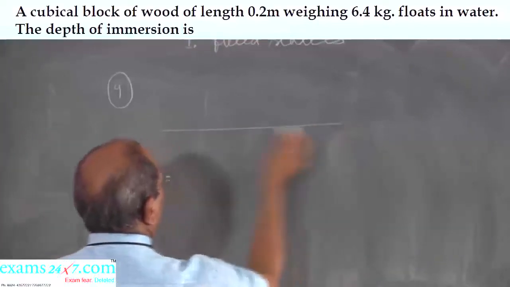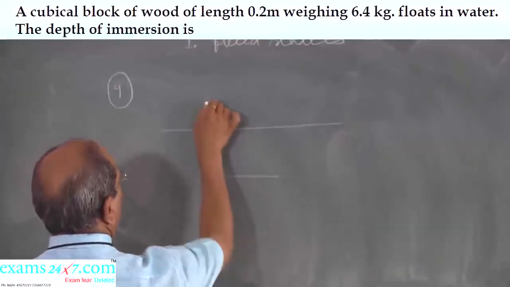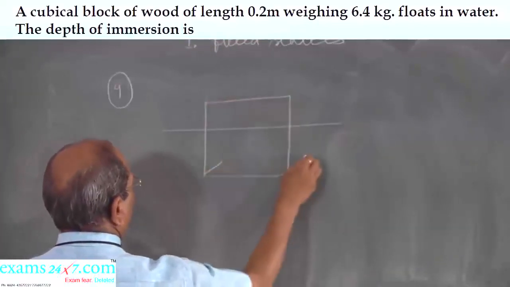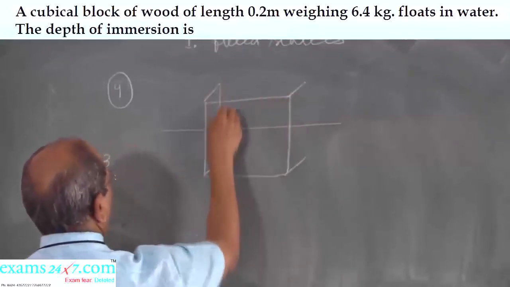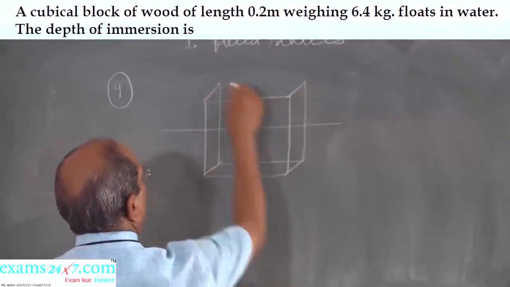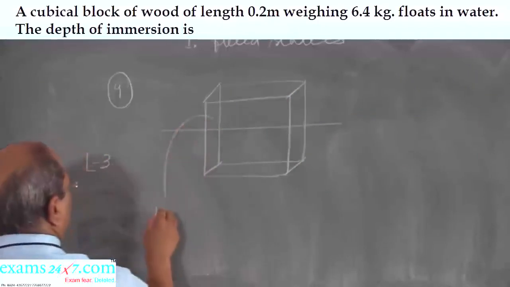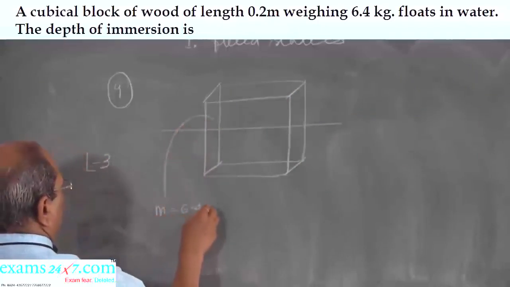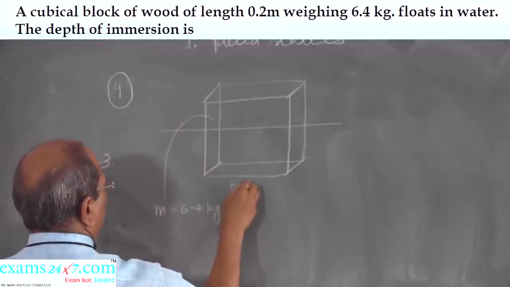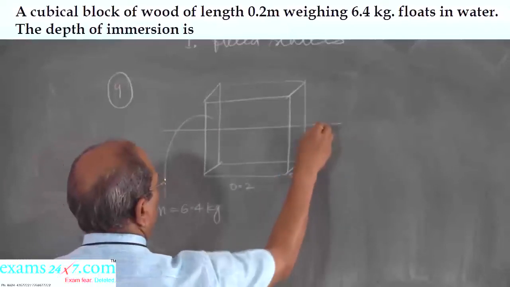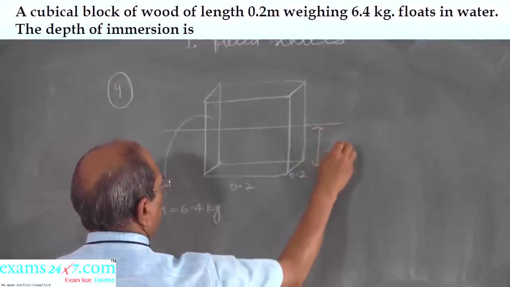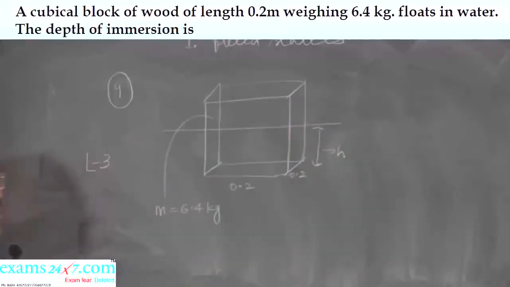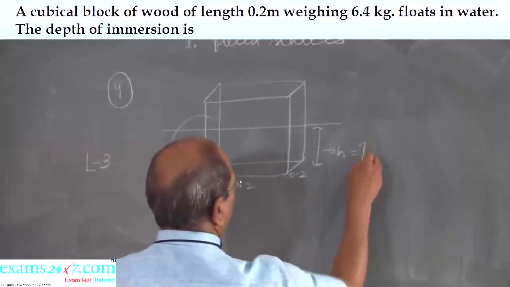So they have given a cubical block, its mass is given 6.4 kg, its sides are 0.2 meter, and the depth of immersion is h inside the liquid. 0.2 meter length each side, depth of immersion, the question is on h.